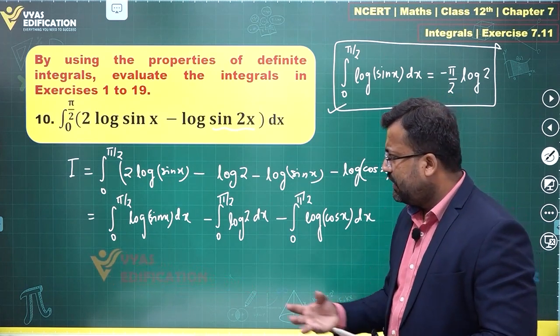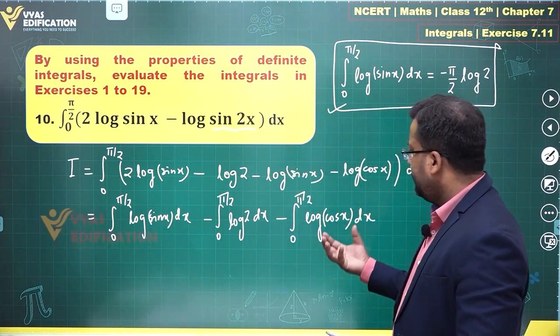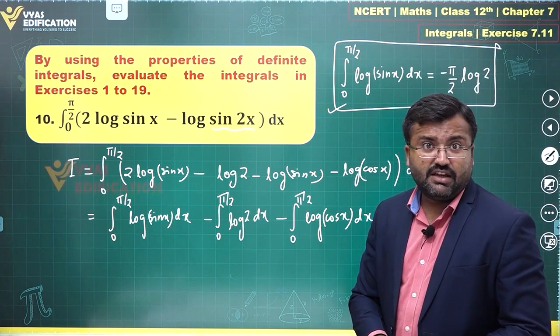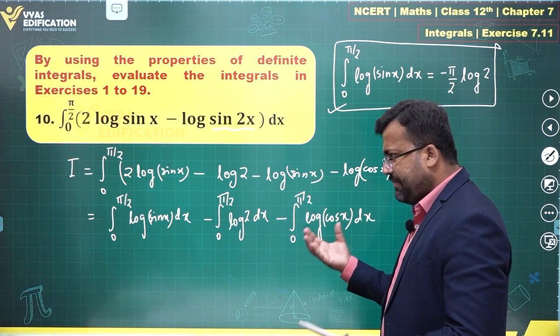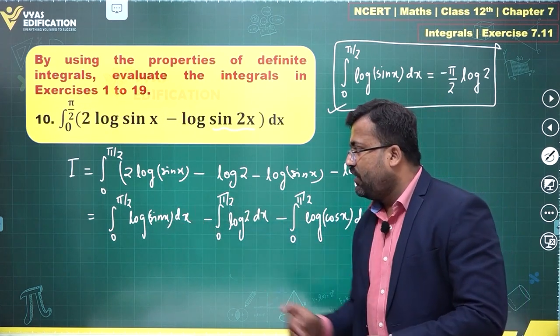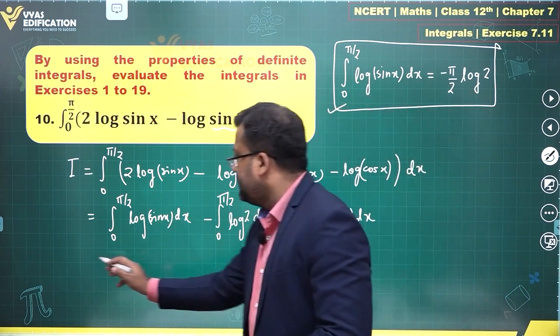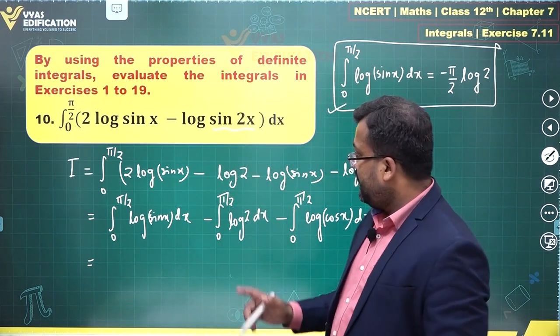If you observe carefully, this here and this here are exactly the same. This is cos of pi by 2 minus x, which is actually sin x. So applying the king property, this and this will be equal, so they will get cancelled, right? And what we'll get is this.